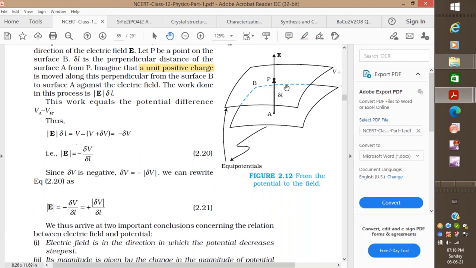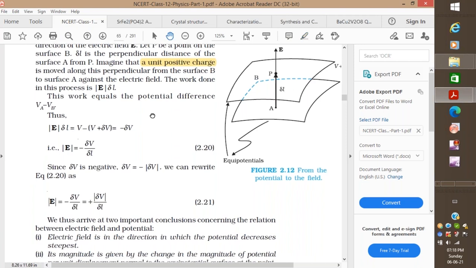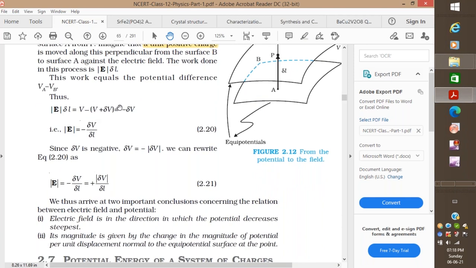I can write V minus (V plus delta V), because I am bringing the charge from the upper surface to the lower surface, thinking that A has greater potential. So you'll get minus delta V as the work done.